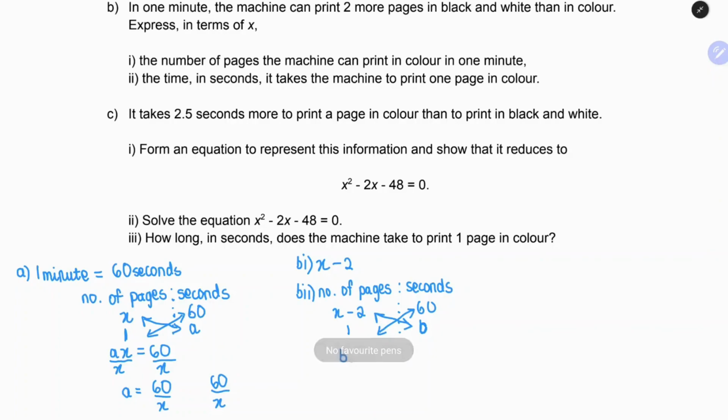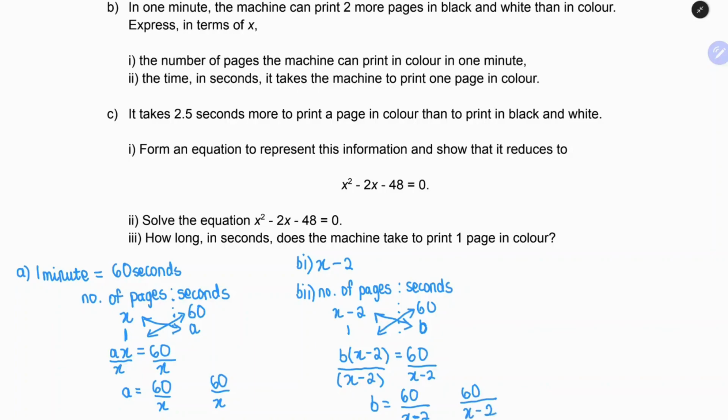So it's gonna be B times x minus 2 is equals to 60 times 1, which is gonna be 60. So in this case, we're just gonna divide by x minus 2, divided by x minus 2. We're gonna have B is equals to 60 divided by x minus 2. So in this case, remember to rewrite it, because an expression does not have an equal sign.